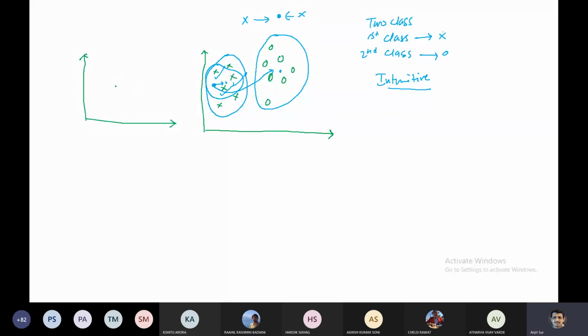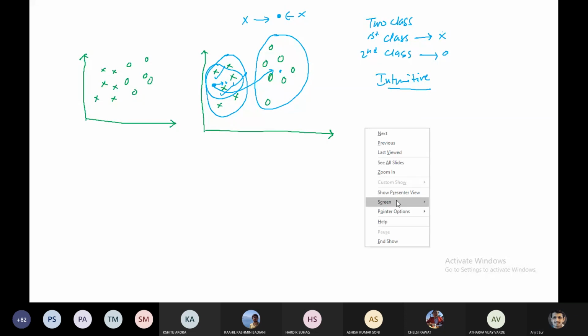Let's say these points are here, and this point is somewhere here. Now things are a bit complicated.